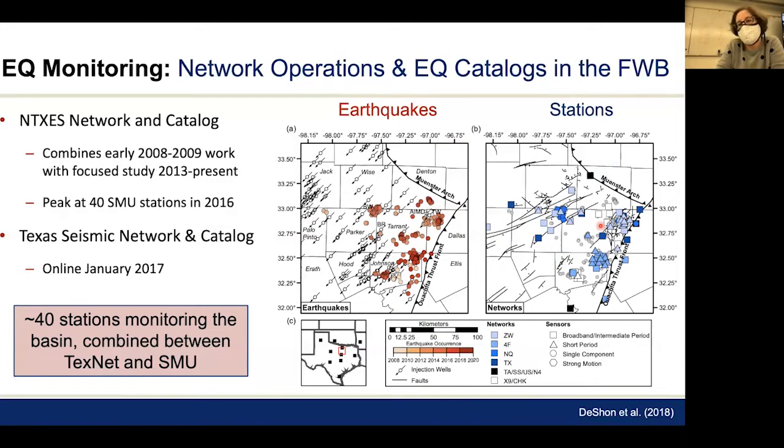We didn't have enough people to analyze it, so it's better just to make it publicly available. And when TexNet became operational, we also had some back channel say in what should be in that original legislation, requiring TexNet to make all their data publicly available upon collection. That's one of the pieces we stressed to our local representatives.